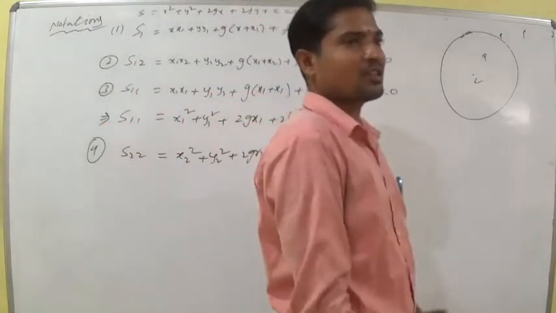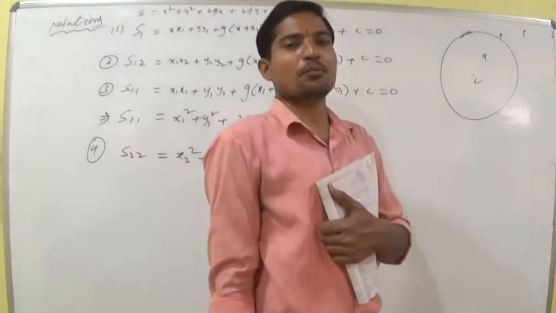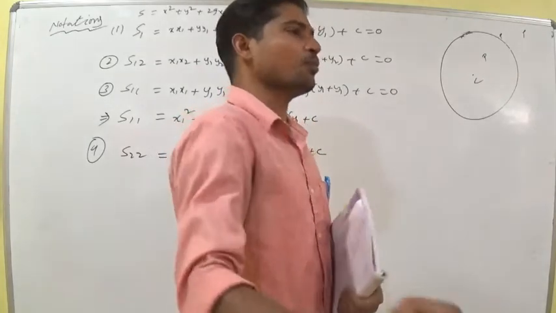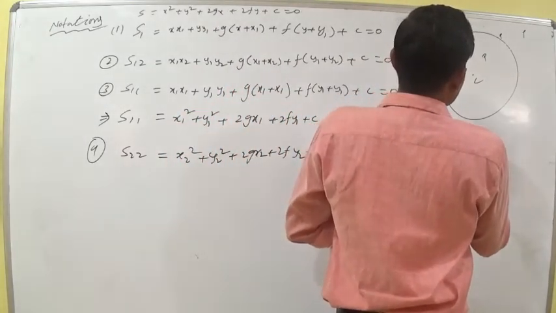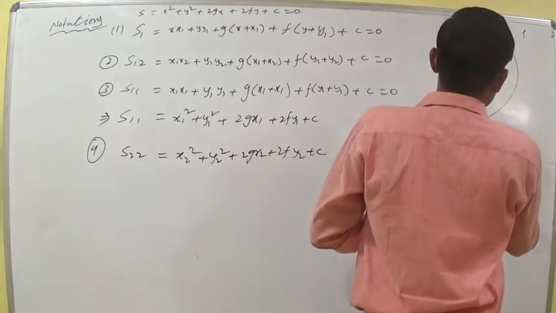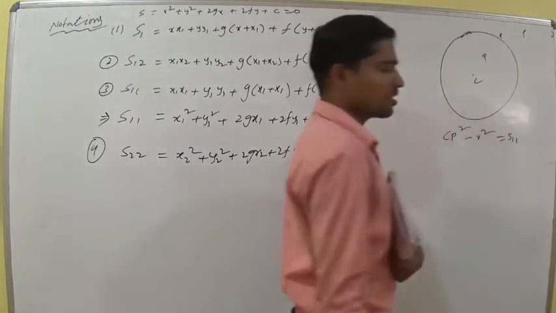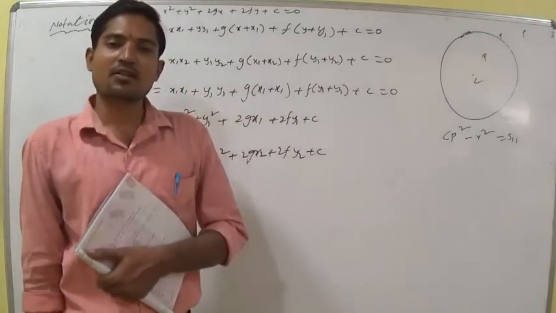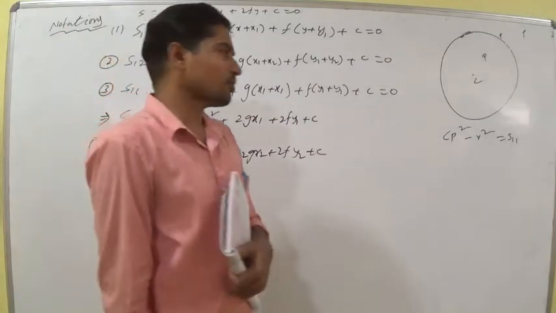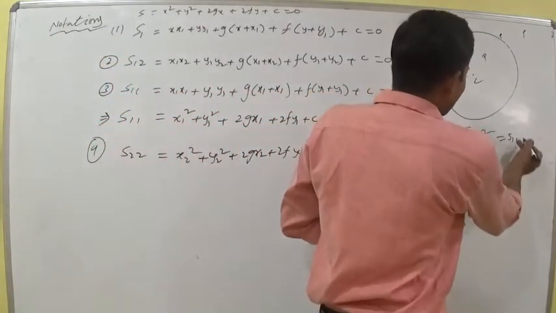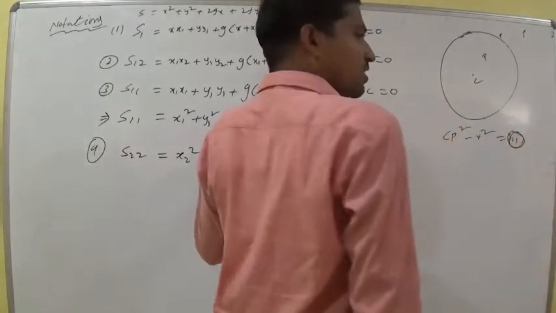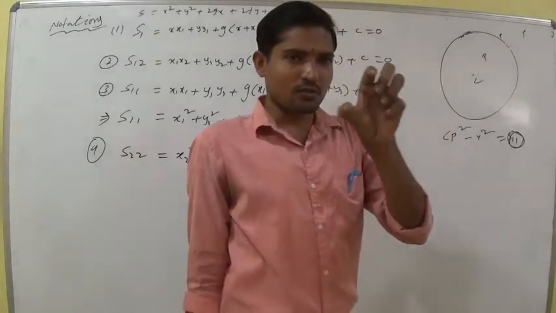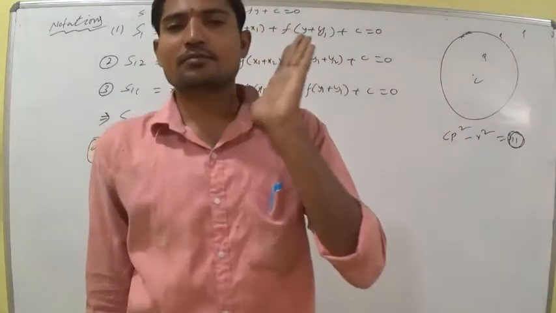The position or power of a point is CP² − R², which is equal to S11. So S11 is nothing but x1² + y1² + 2gx1 + 2fy1 + c.